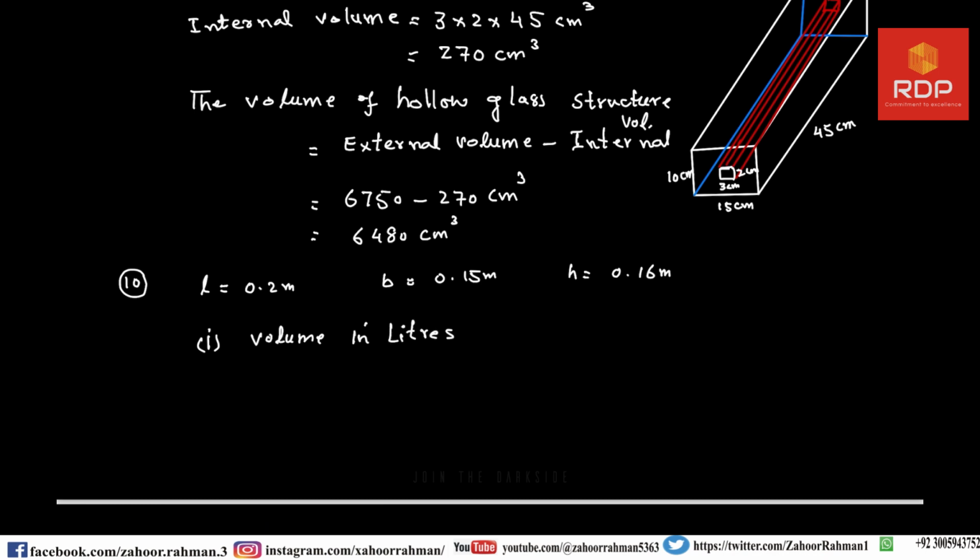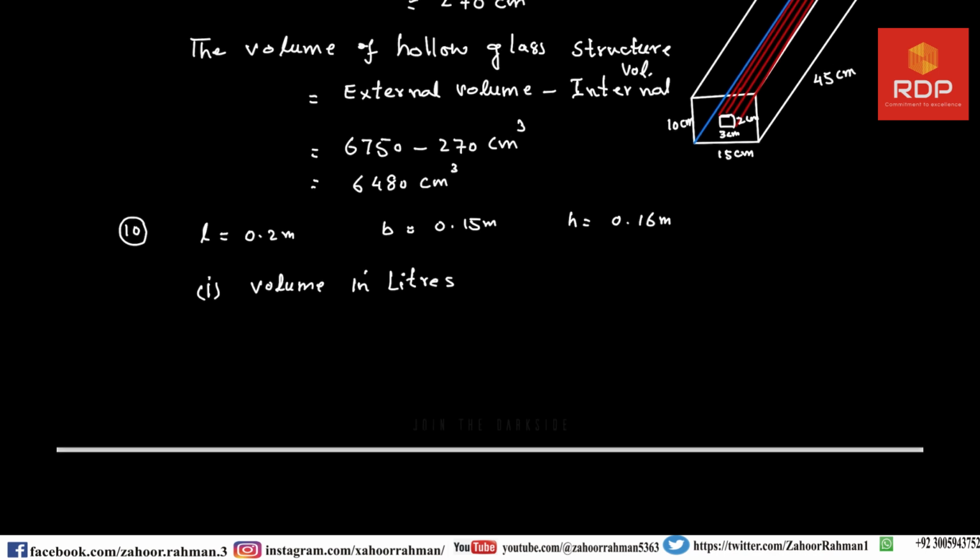First we have to find the volume in meters. So for that we are finding the volume of water in the tank, and that is equal to 0.2 multiplied by 0.15 multiplied by 0.16 meter cube.